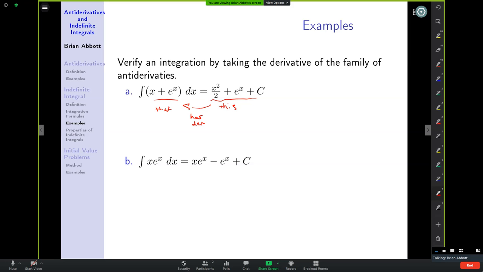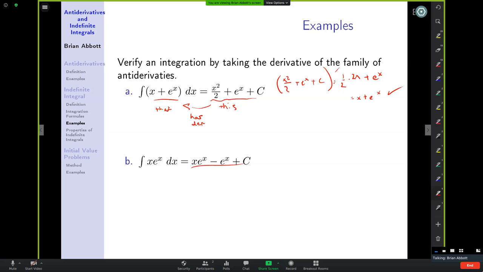So we'll take x squared over 2 plus e to the x plus c, and take the derivative of it. x squared over 2 is 1/2 times drop down the exponent of 2 times x, plus e to the x has derivative of e to the x, plus 0, and sure enough, that equals x plus e to the x. Check, it worked.